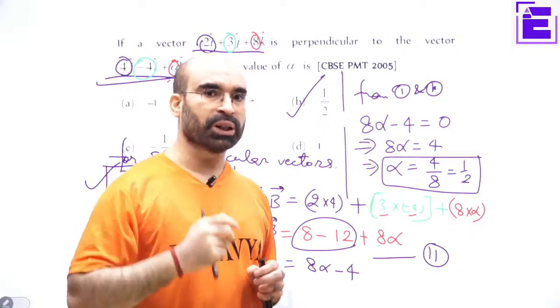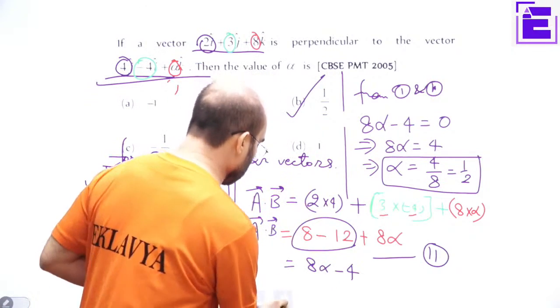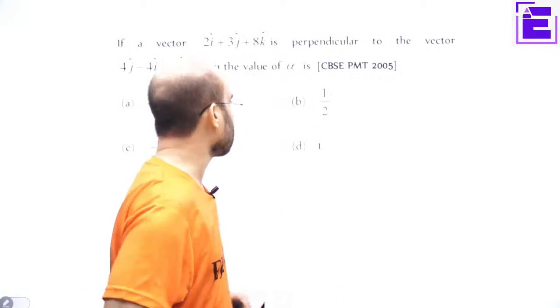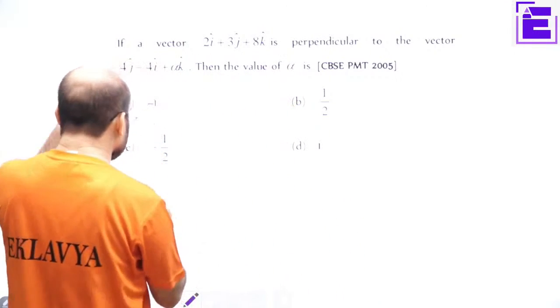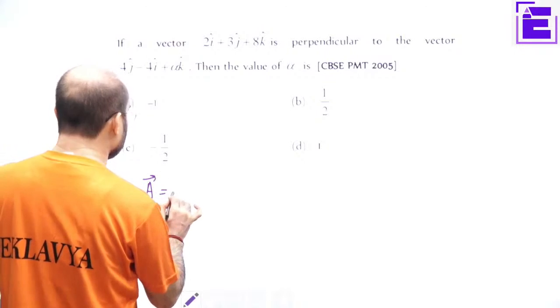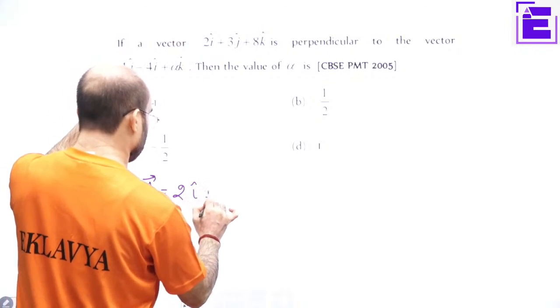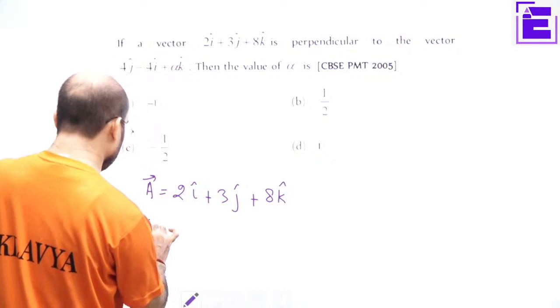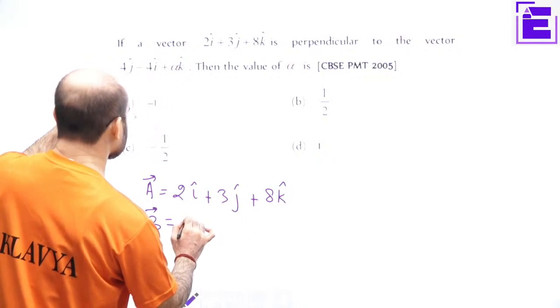Okay, let us do one thing. In this particular question only, now flip it. Let us flip it. You take this vector A as 2i 3j plus 8k. All right. Now vector B is 4.